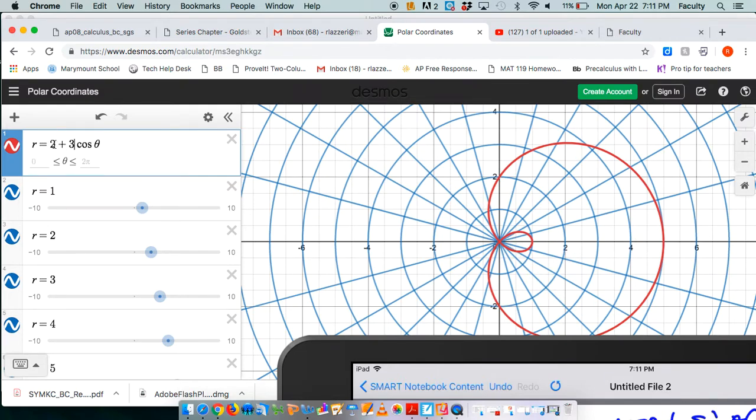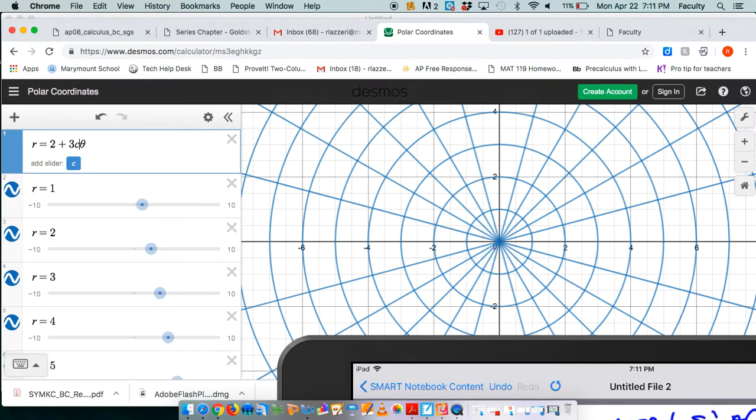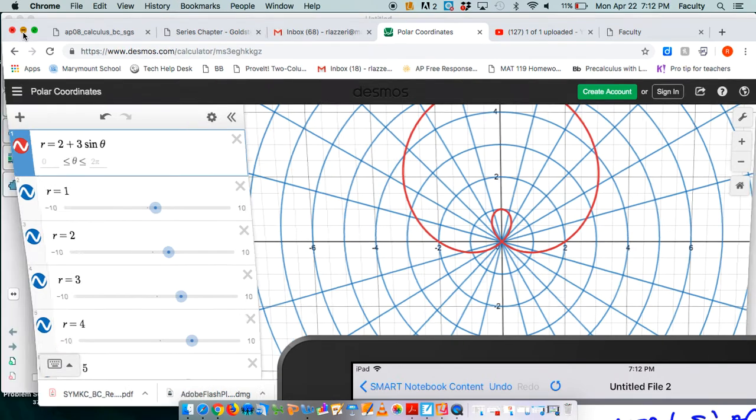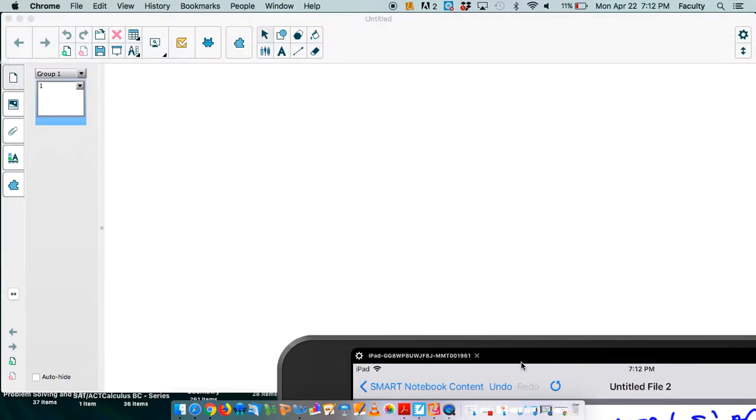So right now what we have is 2 plus 3 sine theta. As soon as I put in sine, I know it's going to go up and down like this and have a loop. All right, now at 3 pi over 2, if you're going to be on this graph and you're going to turn 3 pi over 2, we're talking about the slope of the tangent line at 3 pi over 2. We'll see what we get, and then we'll come back to this graph.